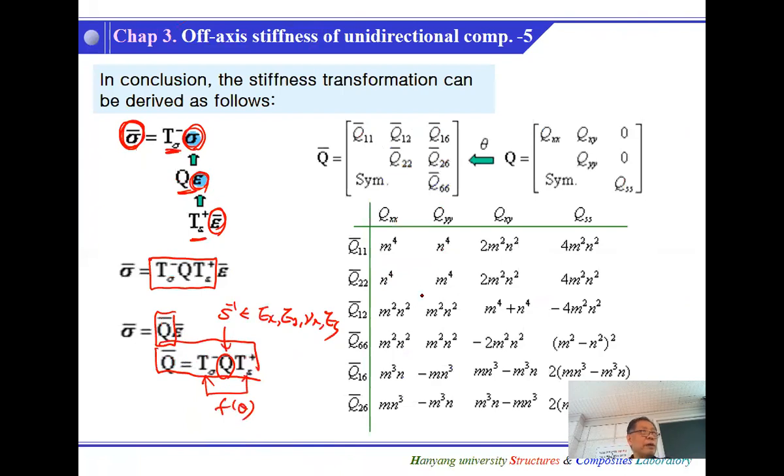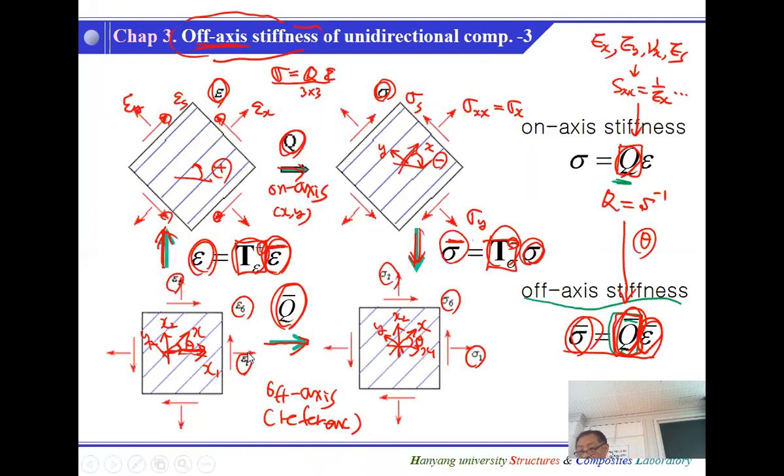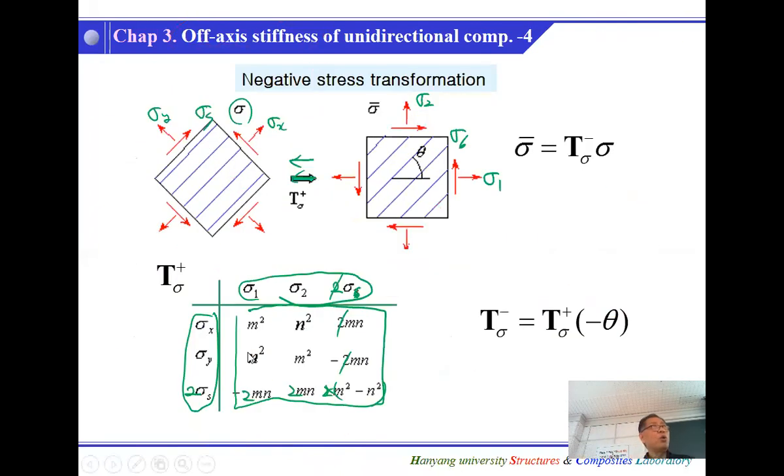Again, you don't need to remember, but one thing you need to pay attention to is that this T is a second order transformation, and this T is another second order. What I mean by second order is that strain and stress are second order tensors. That's why in transformation we always have twice of either cosine or sine.